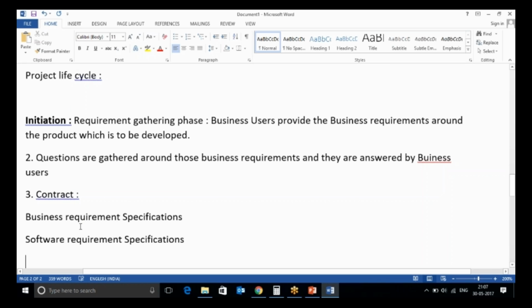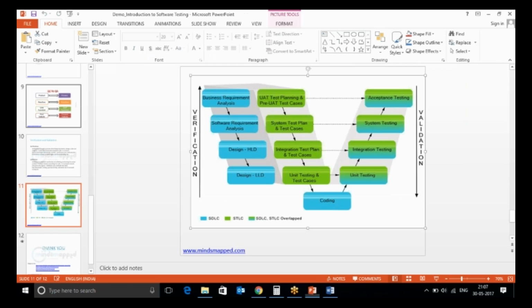These are the two things that come out of the initiation phase.